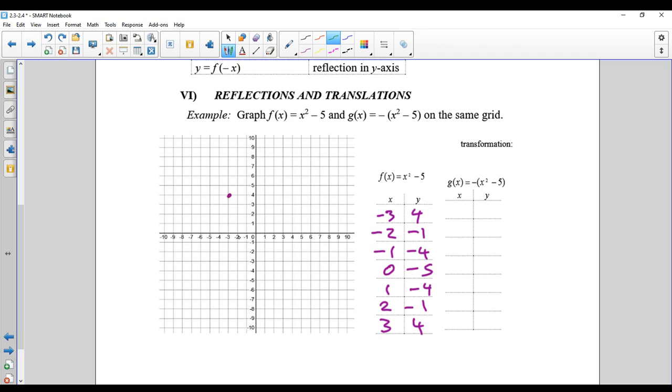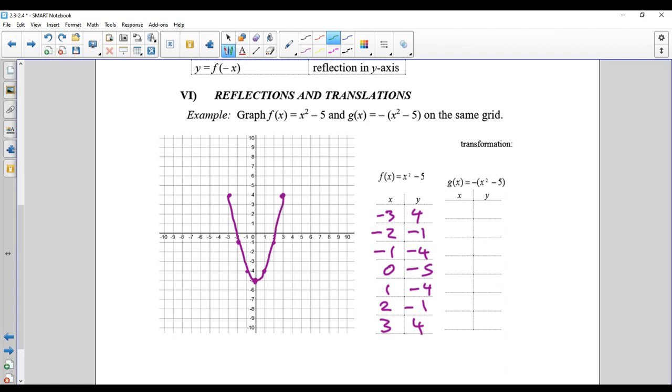Minus 2, minus 1 is here. Minus 5 is here. I'm actually going to use a step pattern. Across 1, up 1. Across 1, up 1. Across 1, up 3. 1, 2, 3. And across 1, up 5. 1, 2, 3, 4, 5. So here comes my graph.